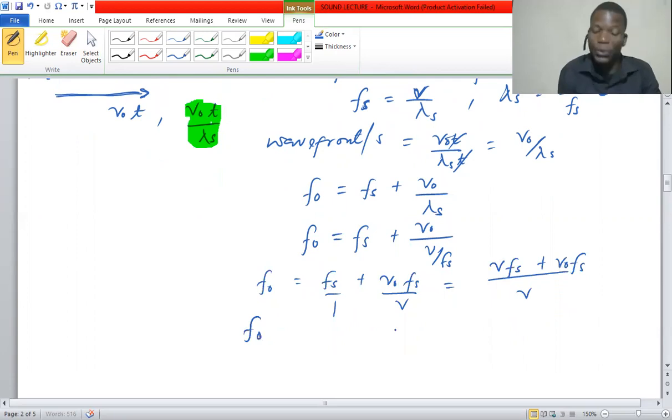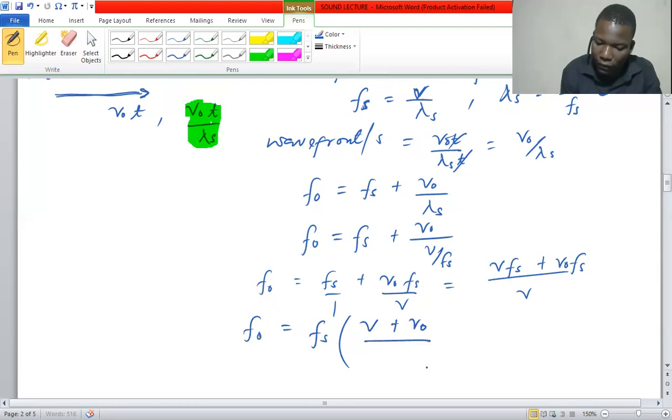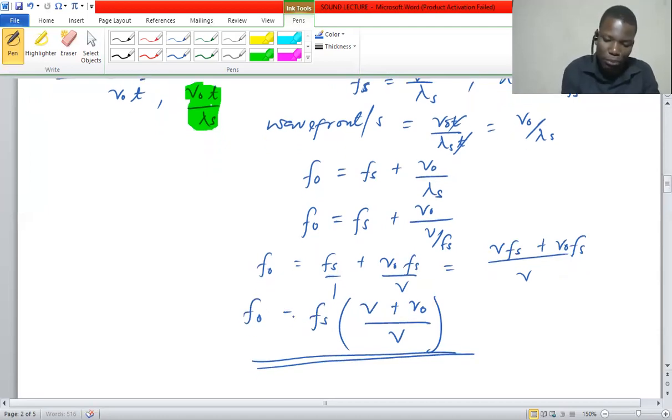So some people do it directly and they fail to get the derivation correct, and they begin to wonder, what's happening? So we factor out fs, and then we have fs times v plus v naught over v, and this is going to be the change in the pitch.